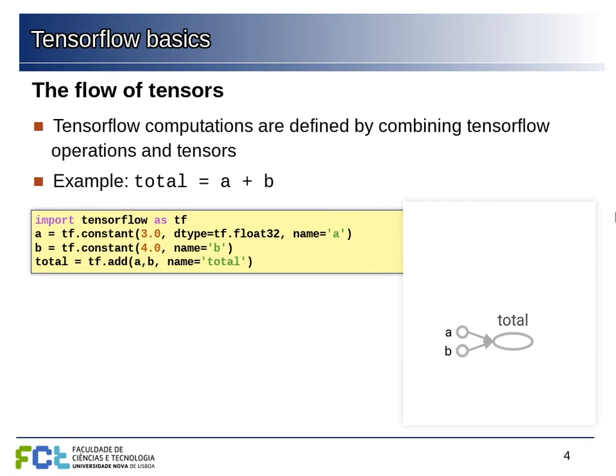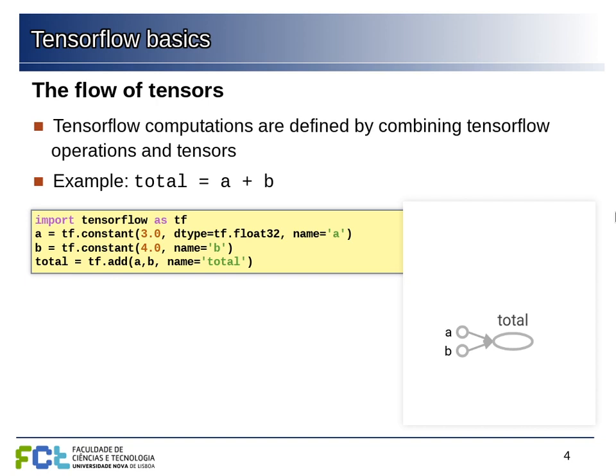So let's start with a very simple example. We want to compute total equals a plus b, where a is 3 and b is 4. We can create these TensorFlow objects, these constants, and we can create this operation to add both of them. So this would be the computation graph.